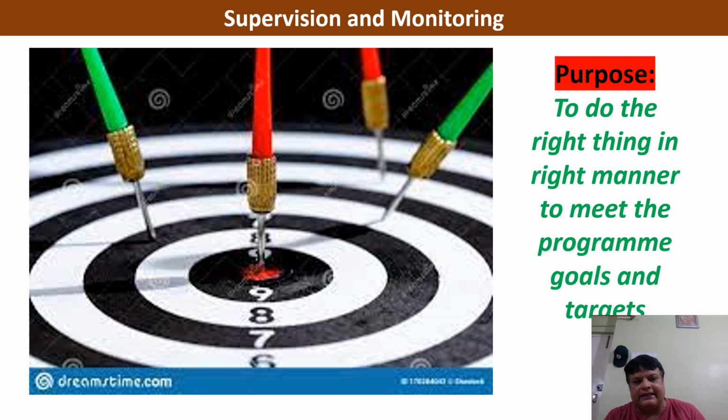If you look at this dartboard, the purpose is that all the darts should hit the center, but due to some imperfection or lack of precision, the other darts are not meeting it. Only one dart hits the center. So the purpose of this whole exercise of supervision and monitoring is to do the right thing in the right manner to meet the program goals and objectives.